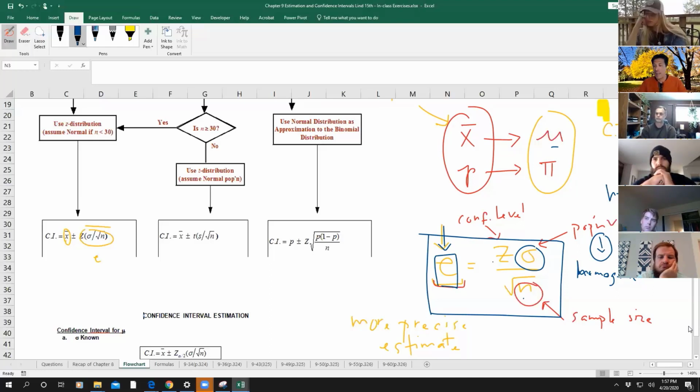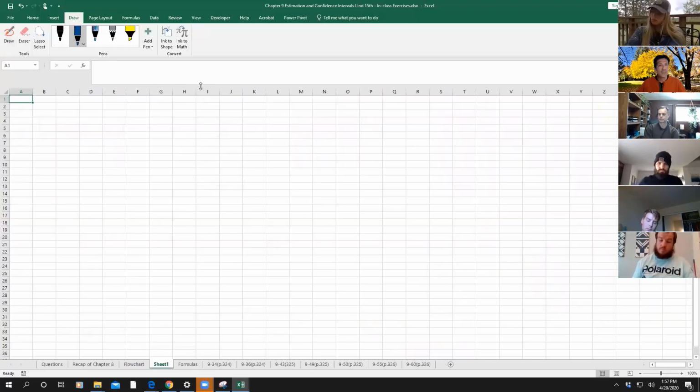Okay, so now that I've explained this, how about the confidence level? All right, I said earlier that a higher confidence level does not necessarily translate into a more precise estimate. Let me explain that concept in a new worksheet.